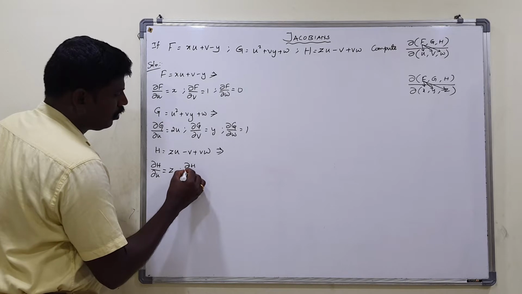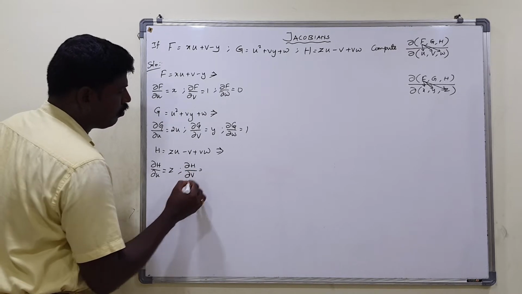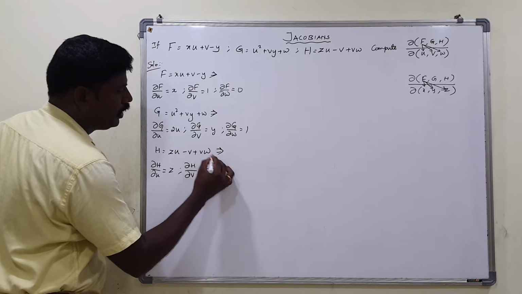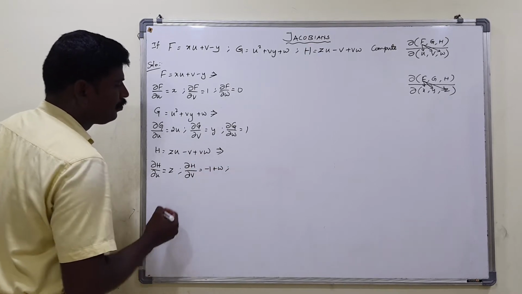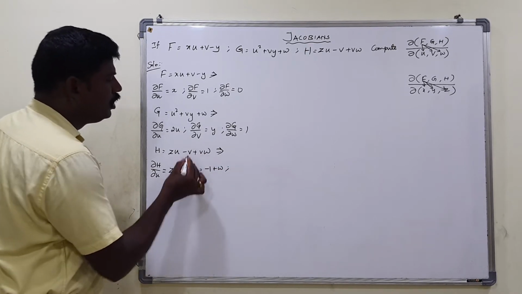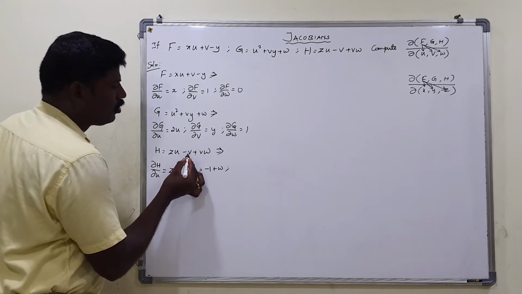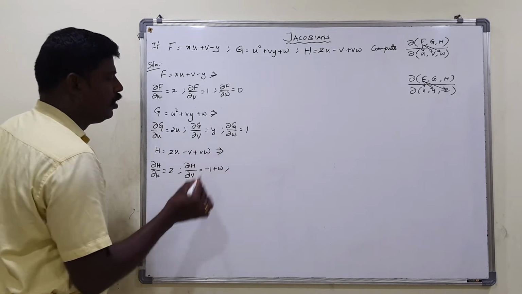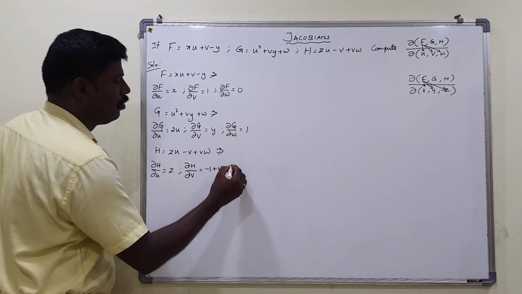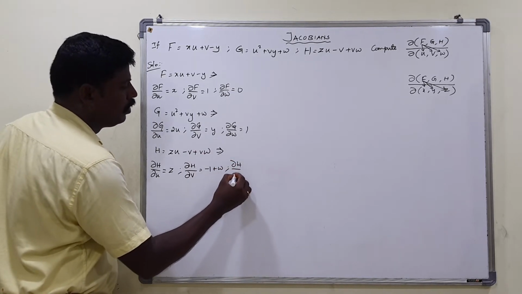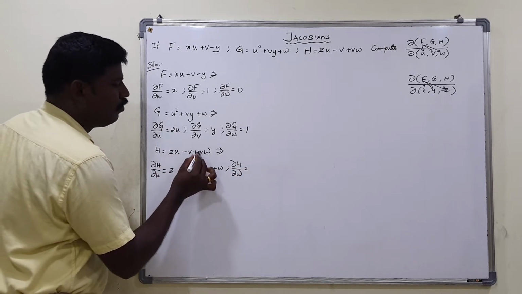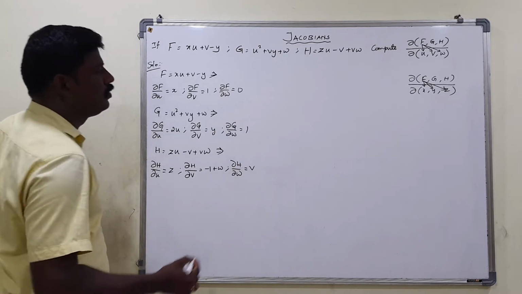Dou H by dou V: first term becomes 0, second term becomes minus 1, plus 1 into W. These two terms have V. So differentiating with respect to V it becomes minus 1 plus 1 into W, so the value becomes minus 1 plus W. Dou H by dou W is 0, 0, V into 1, that is V.